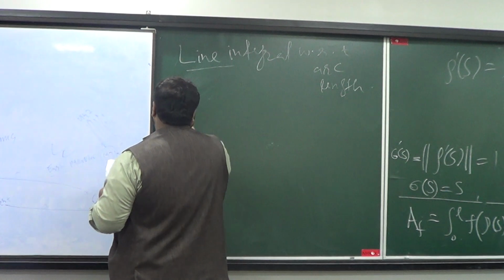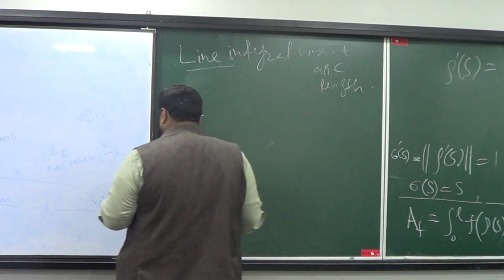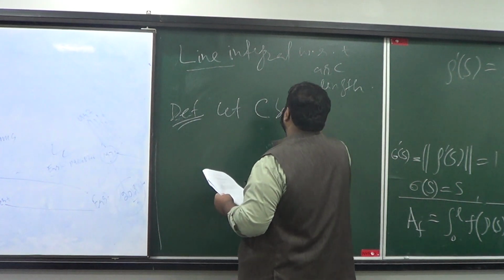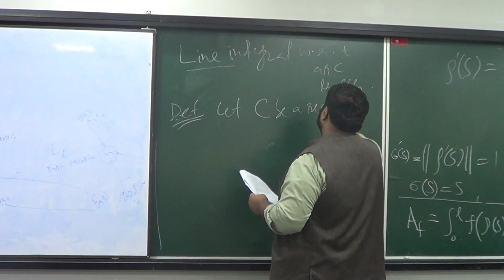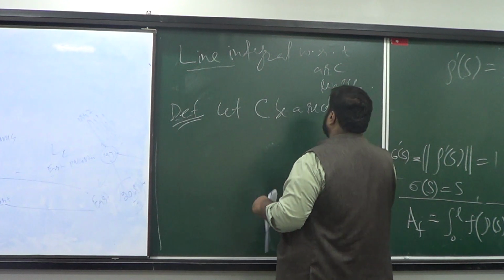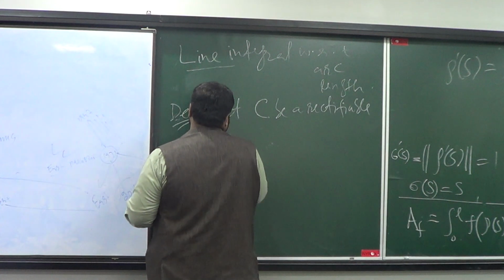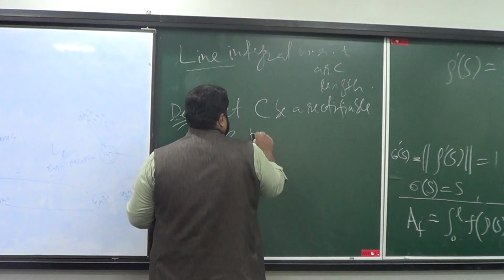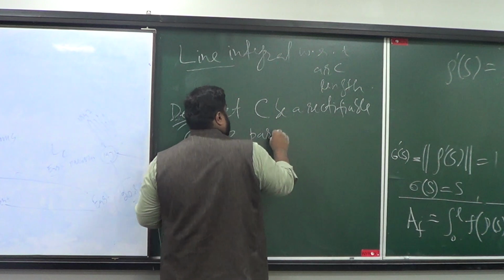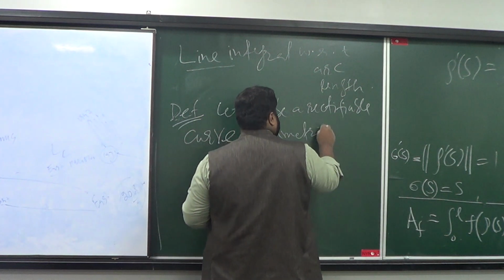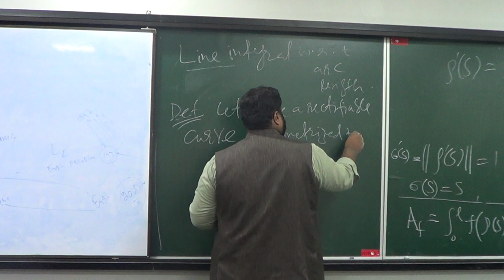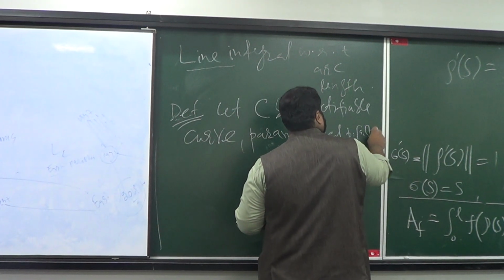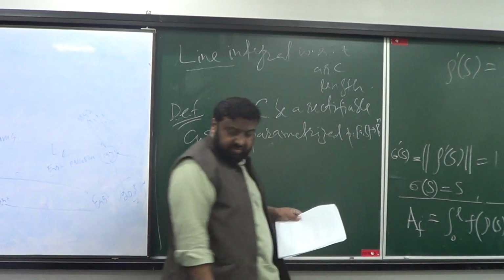Here, imagine I have a curve C, a rectifiable curve, parameterized by p. That is a map from, say, [a, b] into Rn.